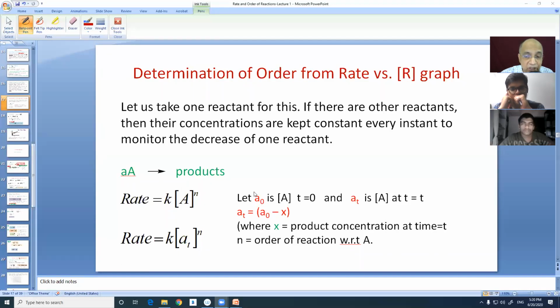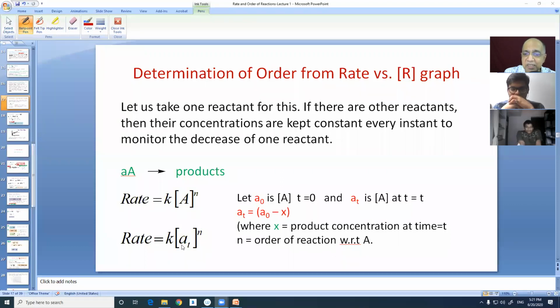If a0, small a subscript 0, is the concentration of the reactant at time t equal to 0, and A_t is the concentration of the same reactant at time t equal to t, then A_t is also equal to a0 minus x. What is x? x is the product concentration at time t. So if the product concentration is small x and a0 is the initial concentration, then a0 minus x is nothing but the concentration of reactant at time t, A_t.